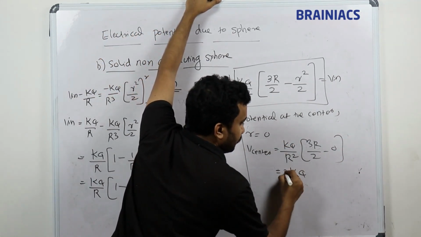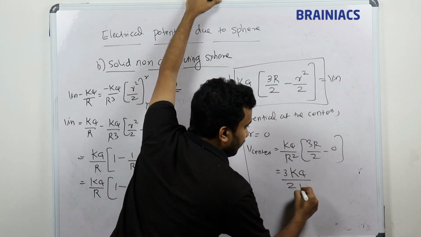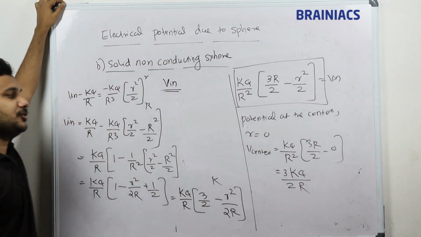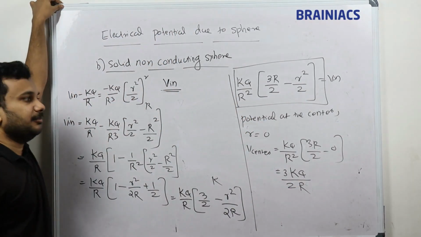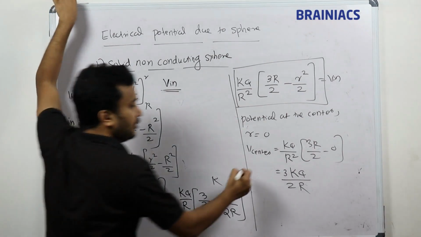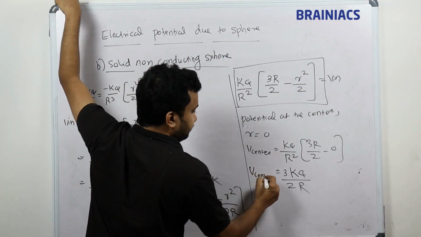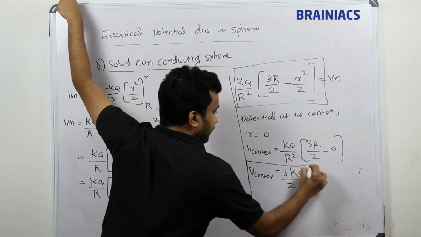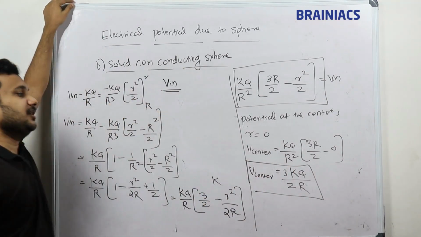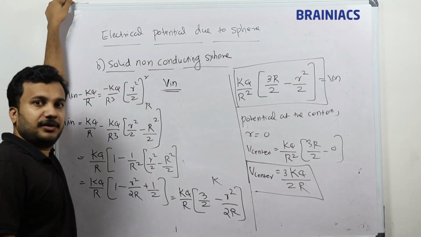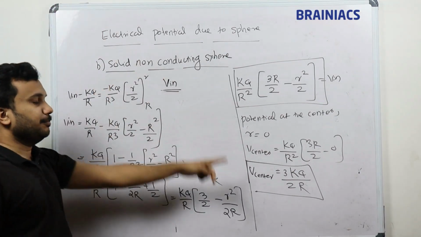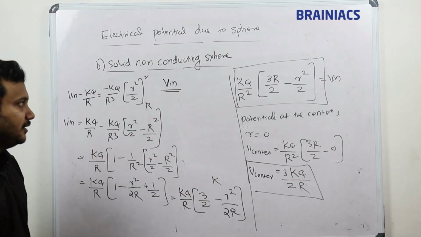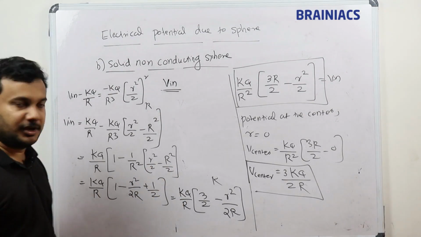KQ divided by, so 3 by 2 times KQ divided by R. This is the potential at the center, 3KQ divided by 2R. This is important. The potential at the center and the electric field at the center you also have to remember.